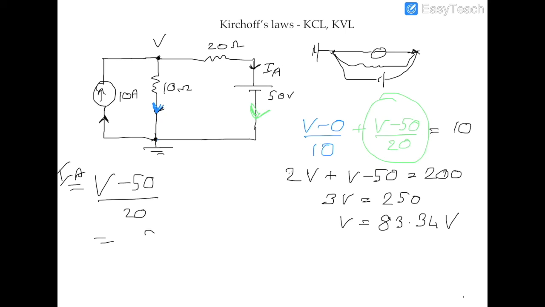So if you just put V as 83.34 minus 50 divided by 20, you get 1.667 amperes.